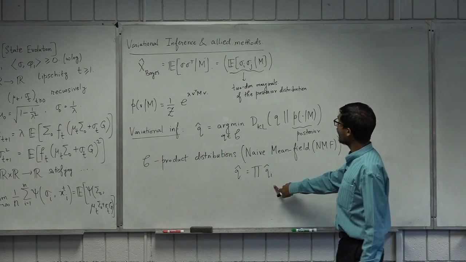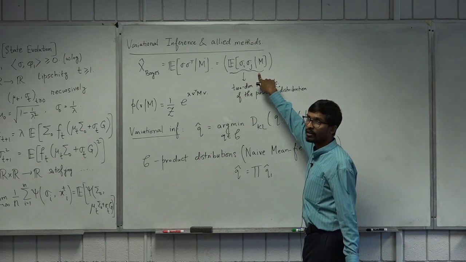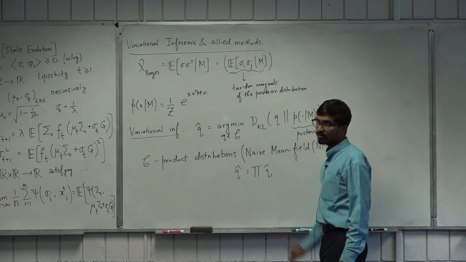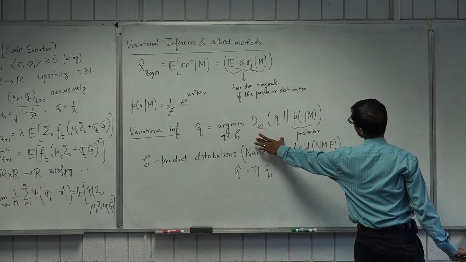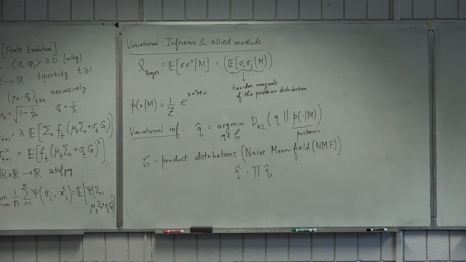Then I can take Qi hat, Qj hat, assume they are independent, and calculate this for every i and j, which would give me some estimate, right? That would be the naive mean field estimator for this. Your question would then be, fine, if I want to put this strategy into practice, I actually need to solve this optimization problem, so I need to calculate what this KL divergence is.